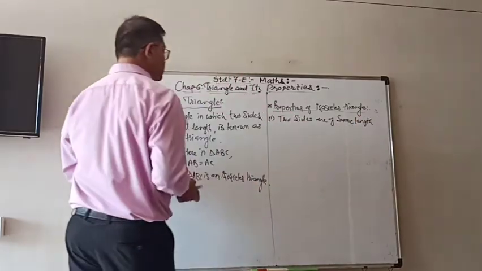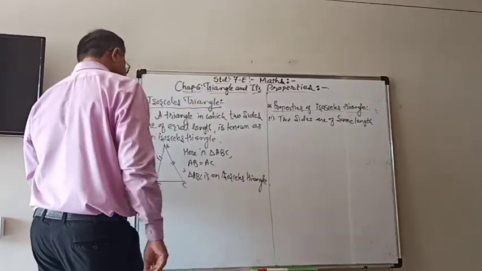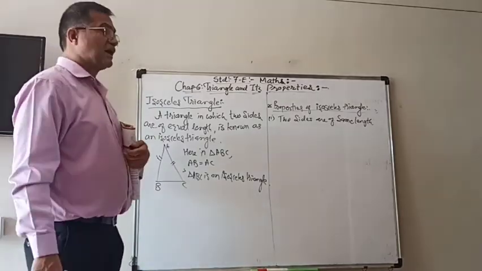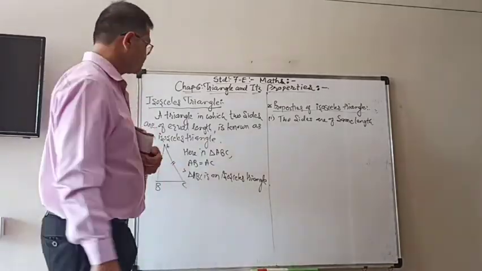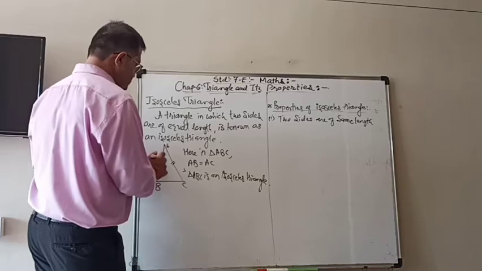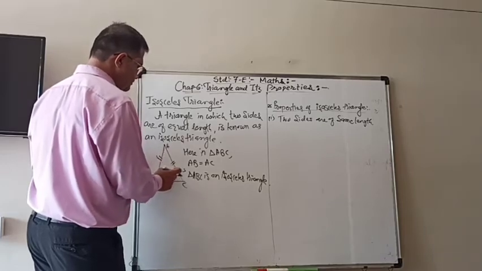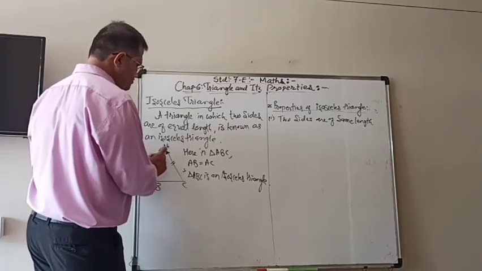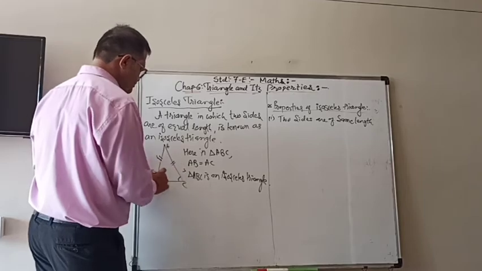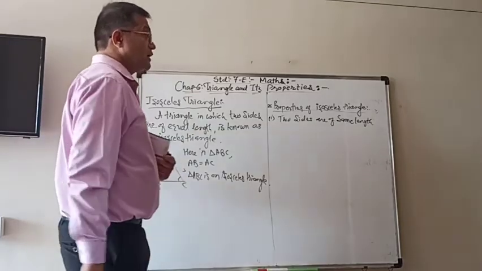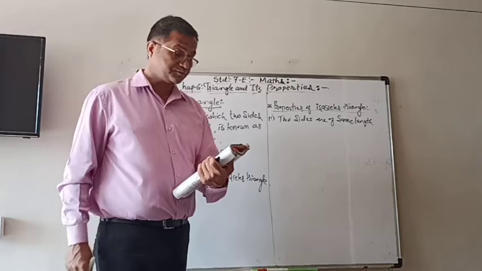Now you will notice that in an isosceles triangle, the two base angles opposite to the equal sides also have the same measure.